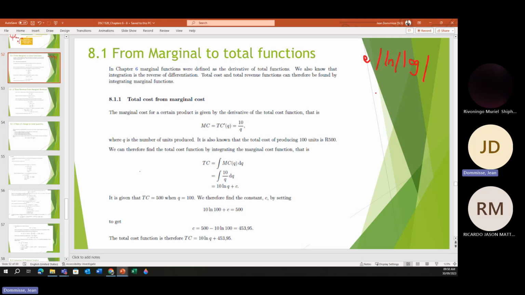Those are the three components that are going to be important when we move from marginal to total cost. So let's quickly look at this one.